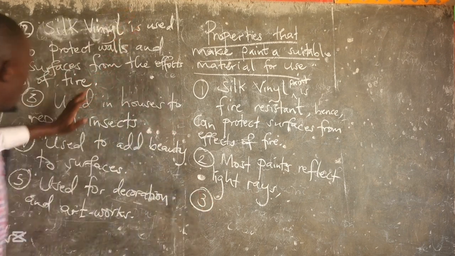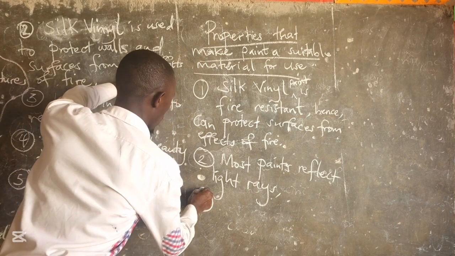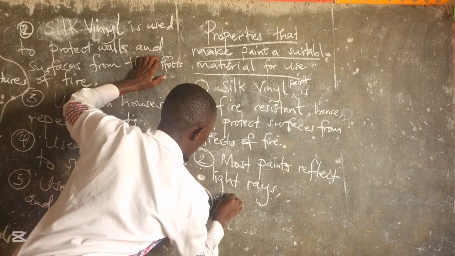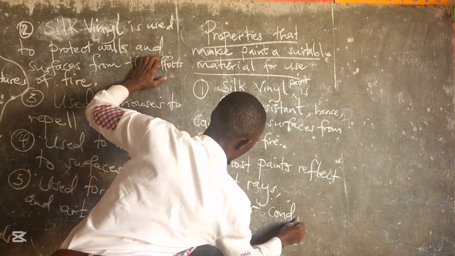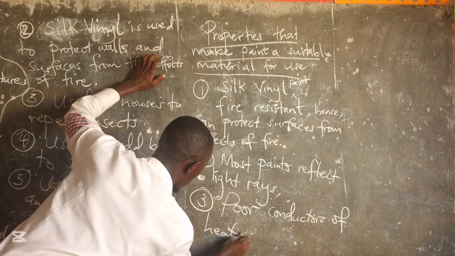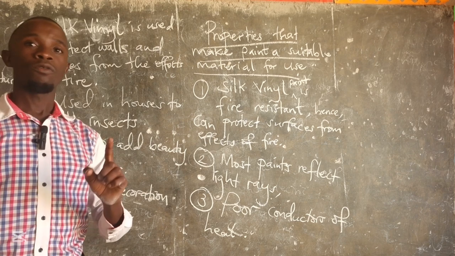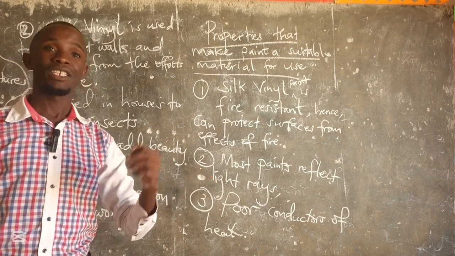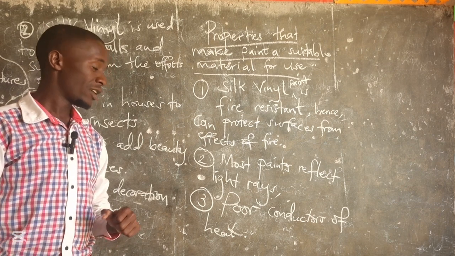Three, we are giving the properties that make these paints good materials for use. They are poor conductors. When you go to Egypt or desert areas, you find that almost all the buildings are painted white. I don't know if you have ever witnessed that. Why?